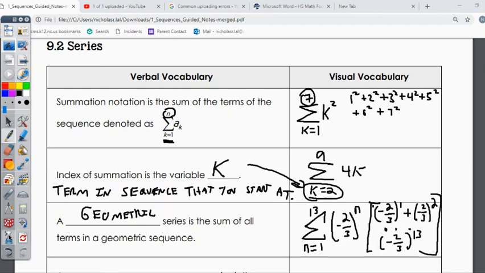Hold up. Okay, gotcha. Hold up. Oh. All right, I'm going to clear annotations.